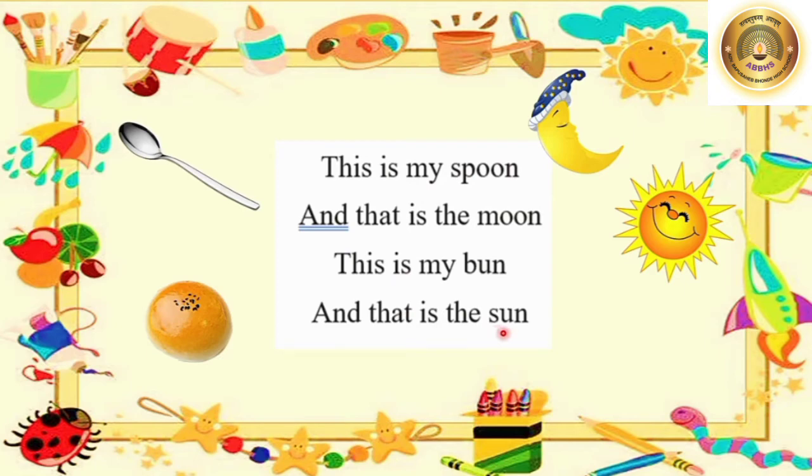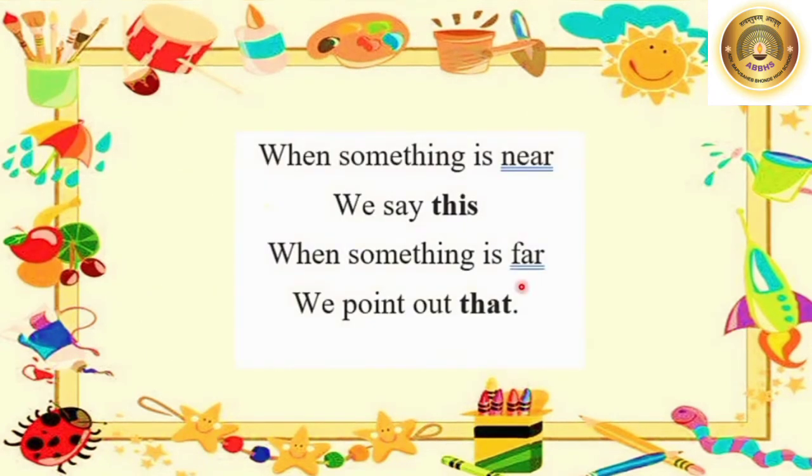Now let's find the rhyming words from these lines. So first is spoon, moon, bun, sun, the words with the same sounds. Now let's read the next lines. When something is near, we say this.